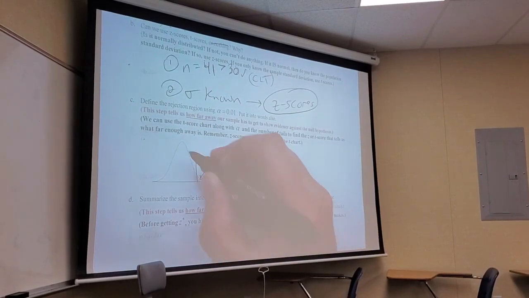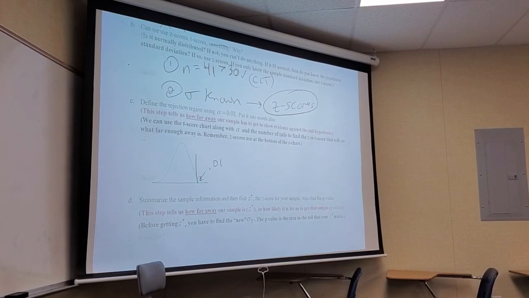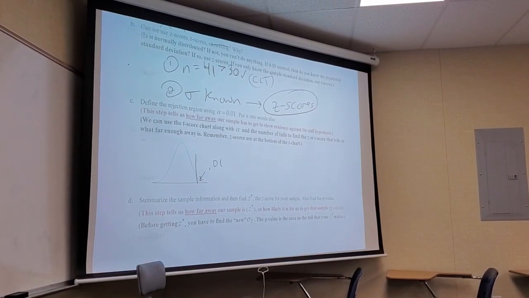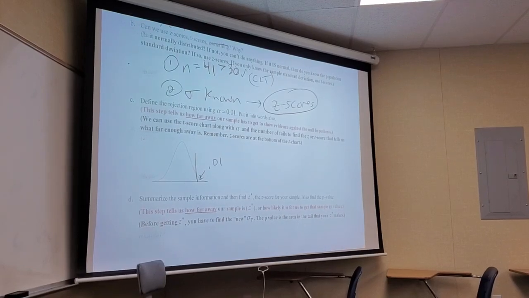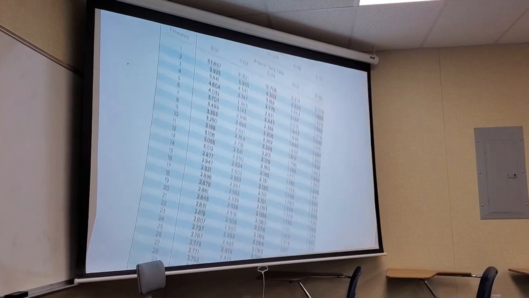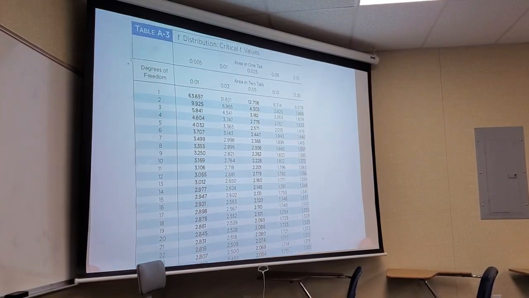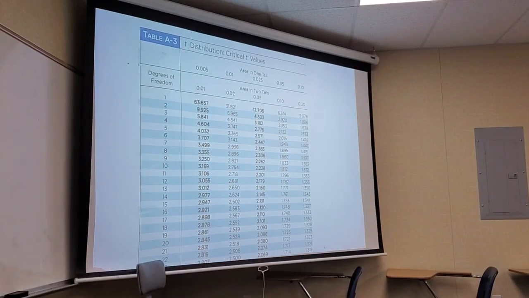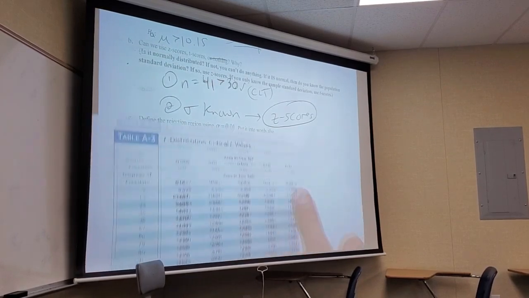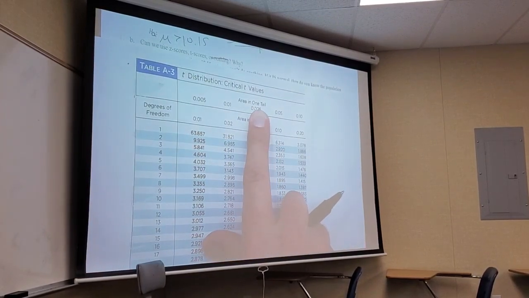Now you could look up 0.99 on the z-score chart, but we're better than that. I'm going to use the t-score chart to look up my z-score, yeah? If I have one, yes. If anybody needs one, let me know. So we have one tail. Alpha is 0.01. Right? One tail, 0.01.